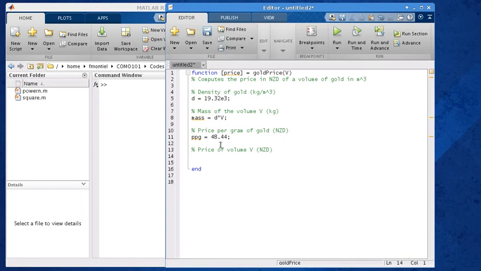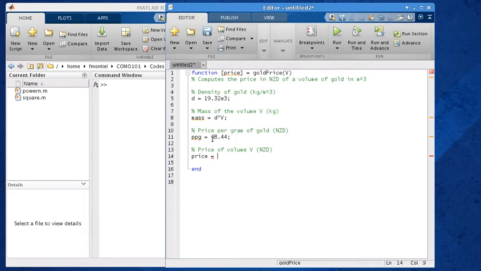So the price, which is the output of the function. Finally we assign the output to something, and what is it going to be? It's the price per gram times the mass. But be careful, because the price per gram has units of grams, while the mass here has units of kilograms. So we need to adjust the formula slightly.